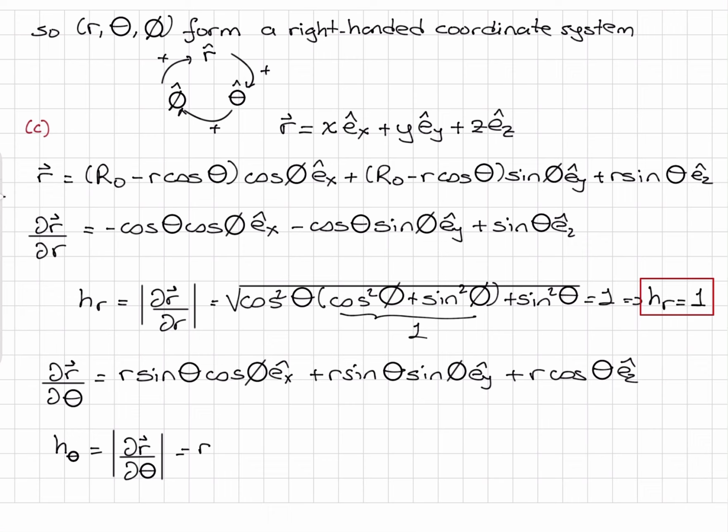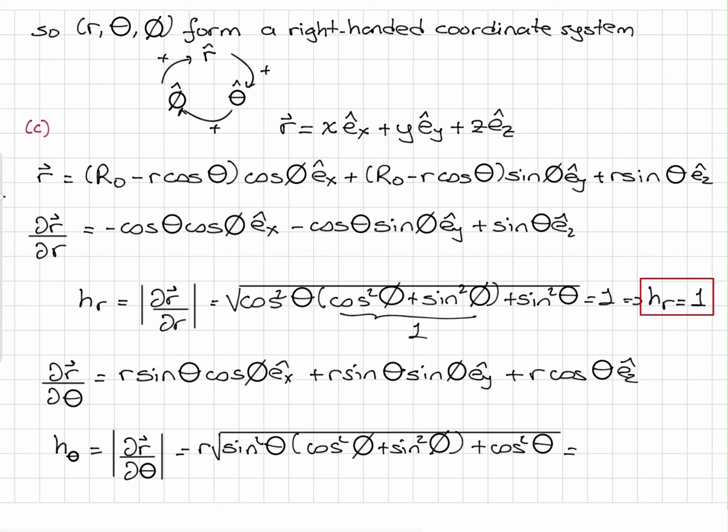Then I have sine squared theta in the first two terms, so it's sine squared theta, parentheses, cosine squared phi plus sine squared phi, and then I have cosine squared theta, and this is all inside the square root except r.